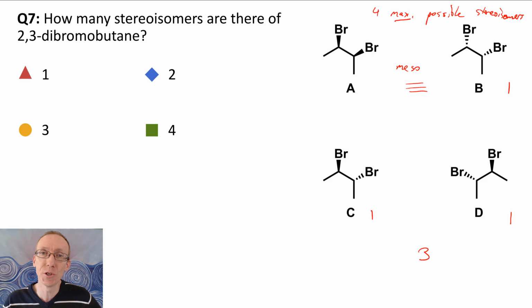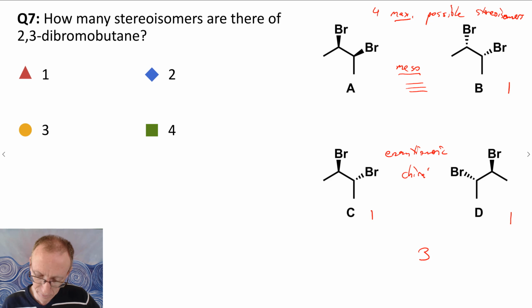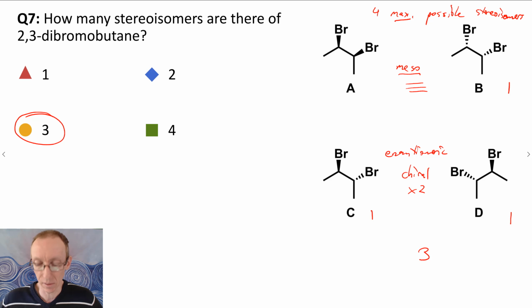So that sort of reduces the number of stereoisomers by 1. So we've only got the meso stereoisomer plus the 2 enantiomeric or 2 chiral stereoisomers. So overall there's 3 possible stereoisomers of 2,3-dibromobutane.